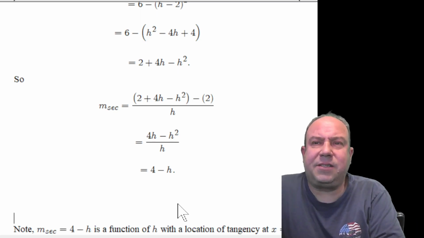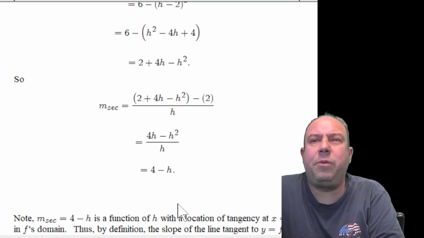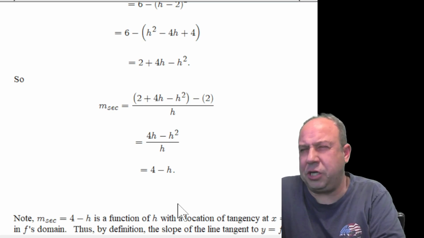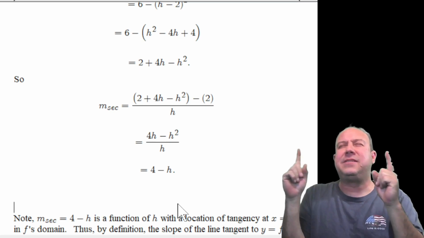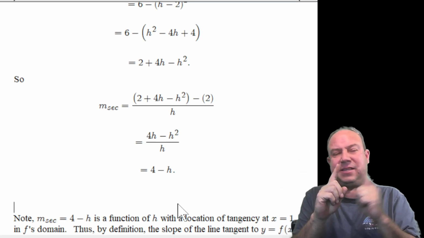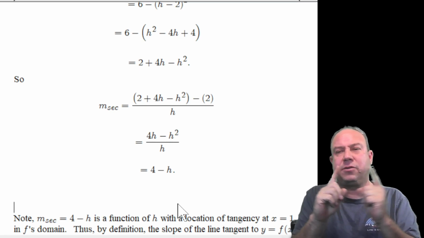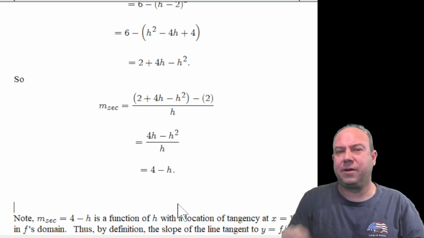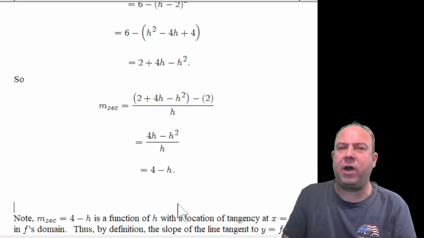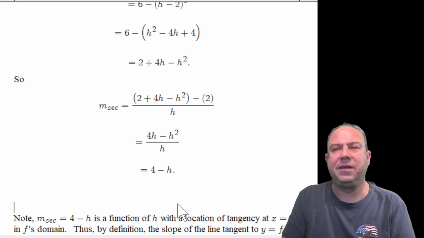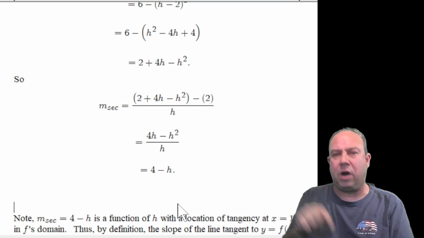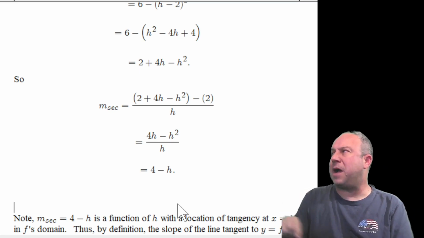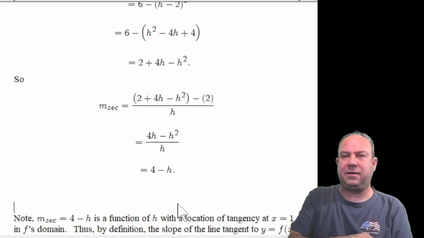Now what that does is describe what we call the slope of the secant line function in this case. The slope of the secant line where that second point could be at any distance h from the first. If it's 1 unit away, you'd have a slope of 3. If it's 5 units away, you'd have a slope of negative 1, because 4 minus 5 is negative 1.